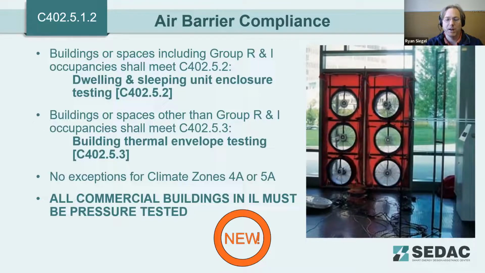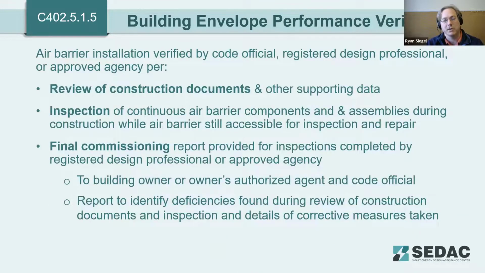However, none of those apply here in the state of Illinois in climate zones 4A or 5A. So all new commercial buildings in Illinois will be required to be pressure tested. Now, there are some provisions that we'll touch on in a little bit as far as sampling protocols.